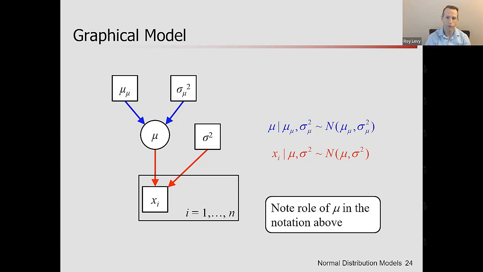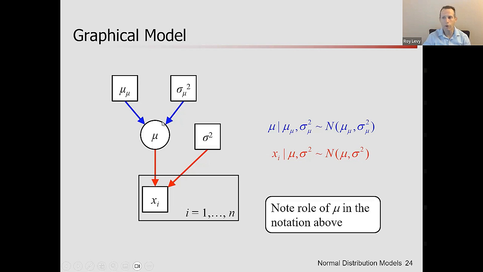A couple of things to point out here. First of all, there's a lot of mu's flying around on this slide. Mu shows up in a few different places. There is mu here, which is the mean of the x's. That's really what I'd like to know about.